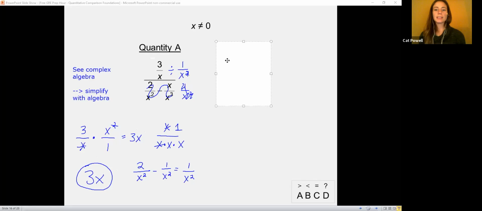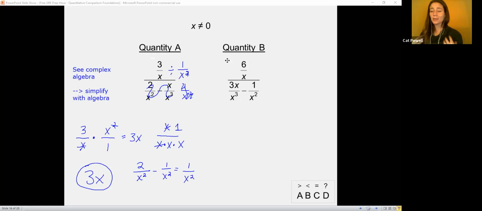Go ahead and see if you can do the same thing with quantity B. When you get it, send a chat just to me with what you get. If you get stuck along the way, you can chat me too. I can hopefully help you out. But everyone go ahead, simplify the algebra in quantity B, send a chat just to me with what you get.